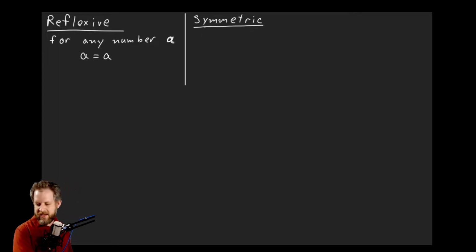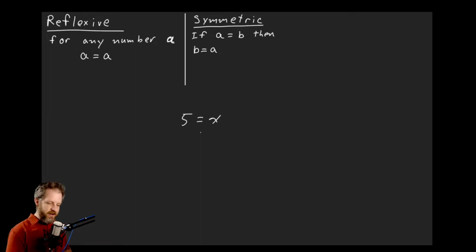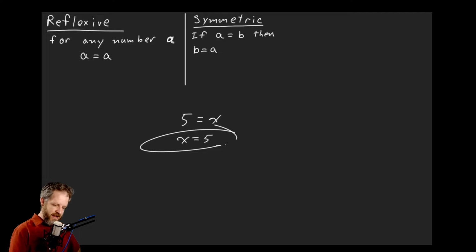It says that if A equals B, where A and B are numbers, then B equals A. Which is nice, because if at the end of a problem we end up with 5 equals X, we really like to see that X written on the left side, so we can just quickly say X equals 5 and be done with it. Circle it and move on with our life. Yay, happy day. That can be really handy for situations like that.